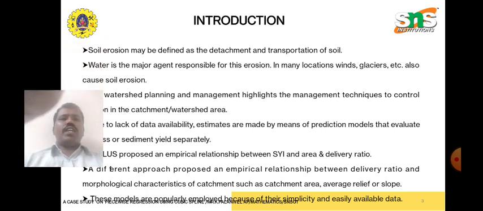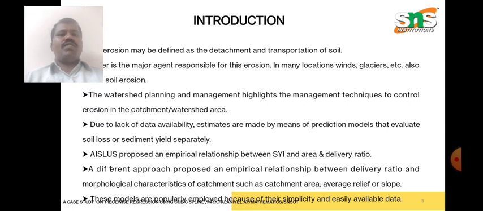Introduction. Soil erosion may be defined as the detachment and transport of soil, and water is the major agent responsible for erosion, along with winds, glaciers, etc. Watershed planning and management highlights the management techniques used to control erosion in the catchment watershed area. Due to lack of data availability, estimates are made by means of prediction models that evaluate soil loss or sediment yield separately.